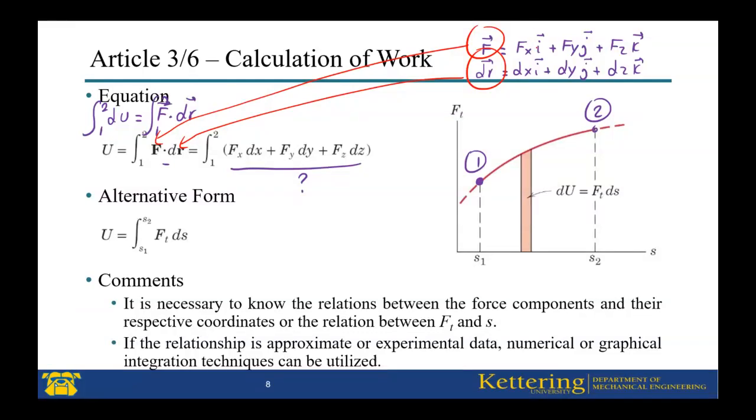For example, to do the dot product, we need to multiply Fx i, just the first term, dot dx i plus dy j plus dz k. I will continue for the other terms, but the first one is Fx dx, Fx i dot dx i.